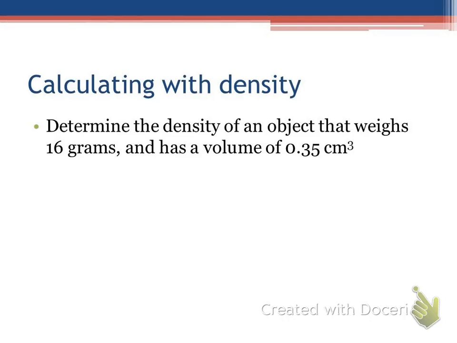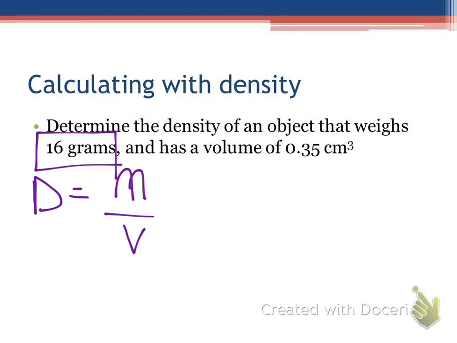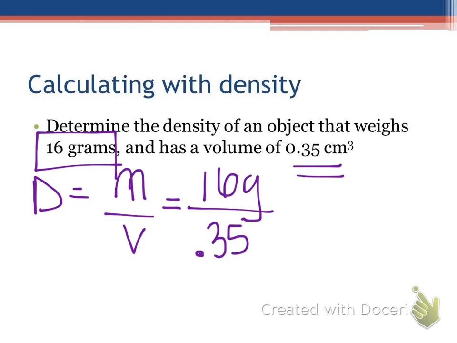So when we set up our calculation, we would say density is equal to mass over volume. Our mass is given to us here with 16 grams. Our volume is 35 cubic centimeters. Okay, keep those units in your problem.